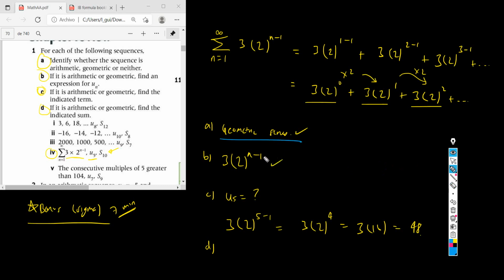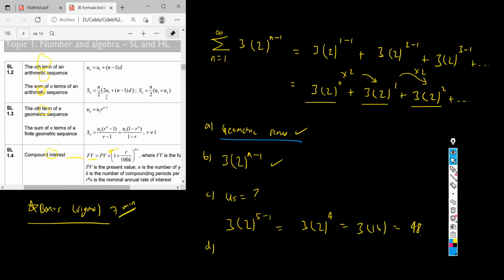I was making a very dumb mistake. Because the formula to get the sum of a geometric series is not the same as the one for an arithmetic series, which is this. This is the one for a geometric sequence. So let's write it down. The sum of the first 10 terms for a geometric sequence has this shape: the first term times the ratio to the n minus 1 over r minus 1. There you go.